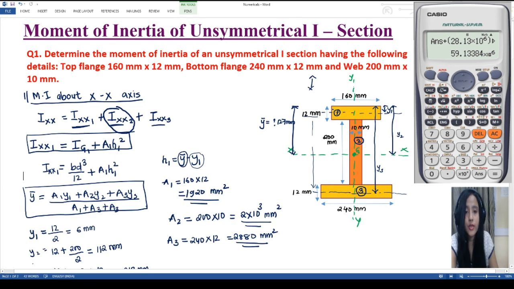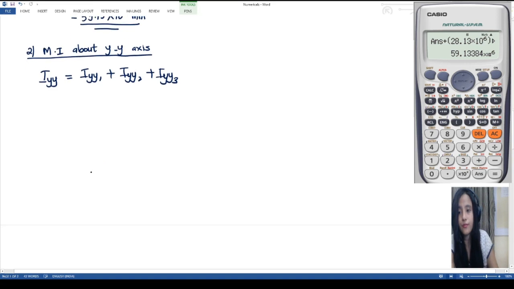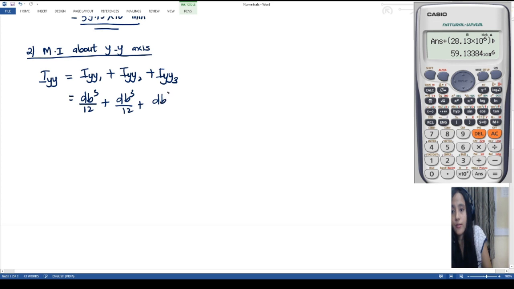To find the moment of inertia about Iyy, this plane, for the first section it will be equal to dB cube by 12, then for the second web portion dB cube by 12, and for the third dB cube by 12, since this section is not running parallel with the yy plane, so I can directly find it by using the formula dB cube by 12 for the top flange, the web portion, and the bottom flange.